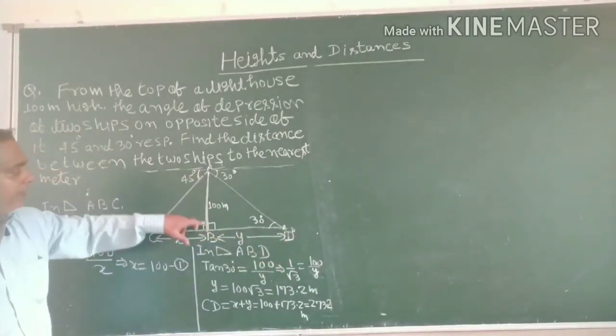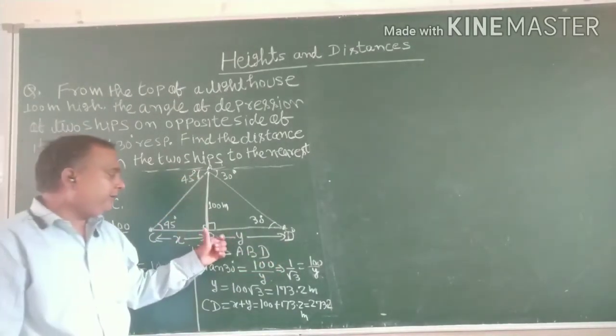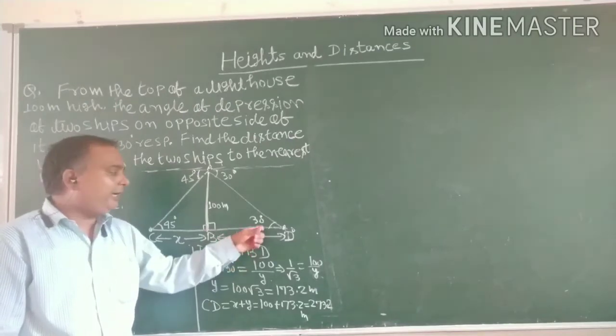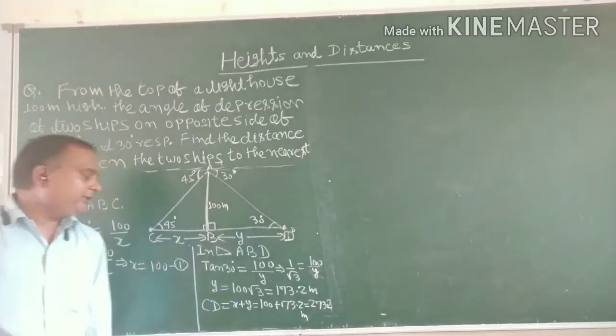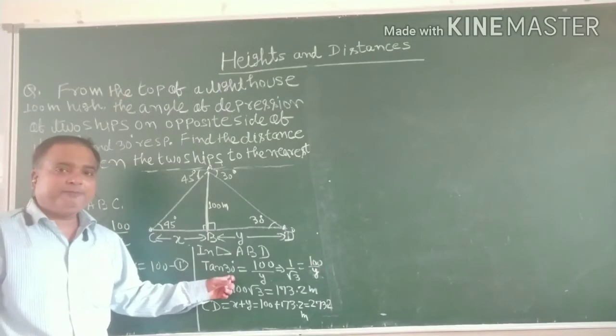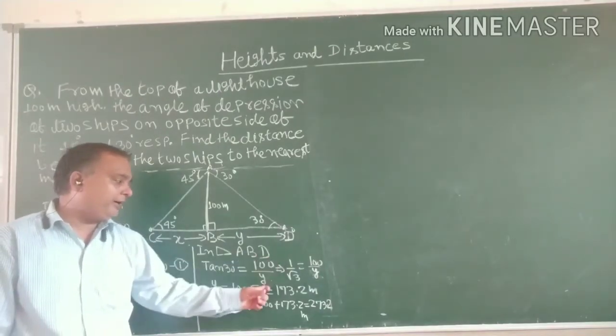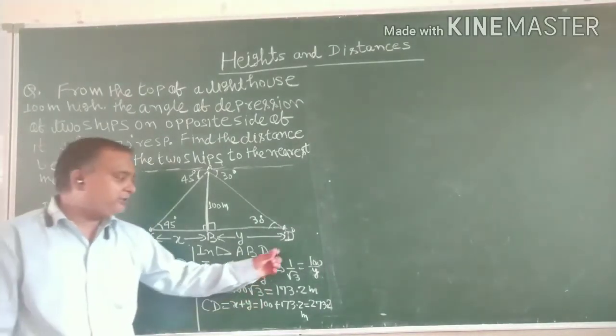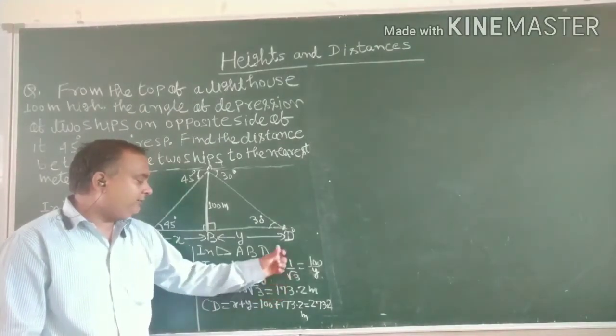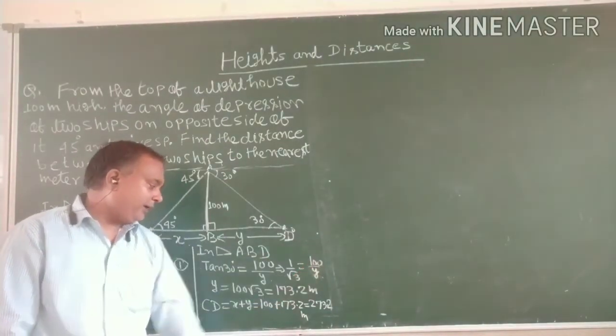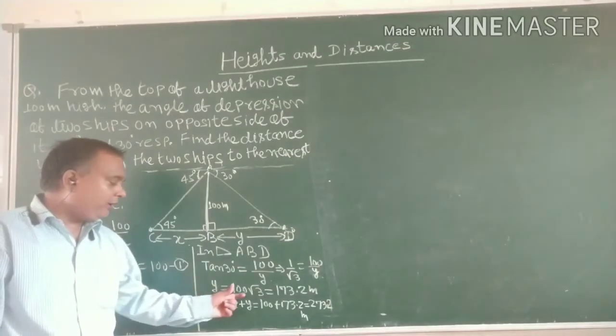Again the perpendicular is 100 meter. Let the base be y, and the angle of elevation is 30 degree. So we can write tan 30 degree equal to 100 upon y. The value of tan 30 is 1 by root 3. So 1 by root 3 equal to 100 upon y, or y equal to 100 root 3.